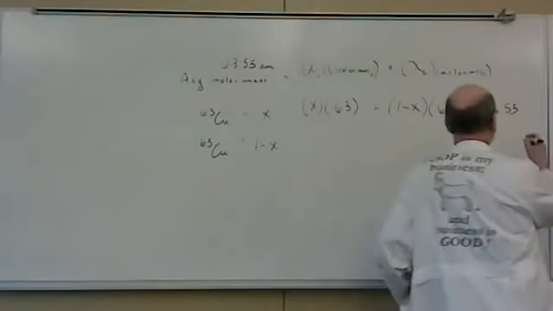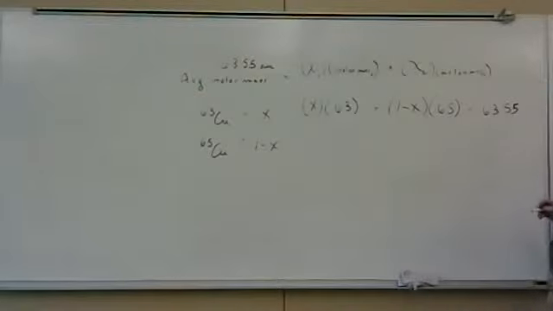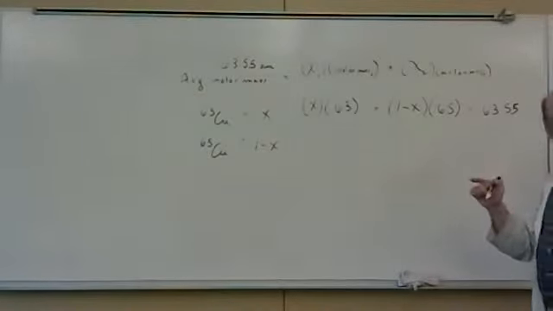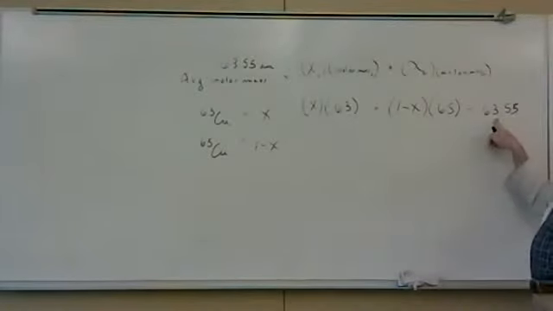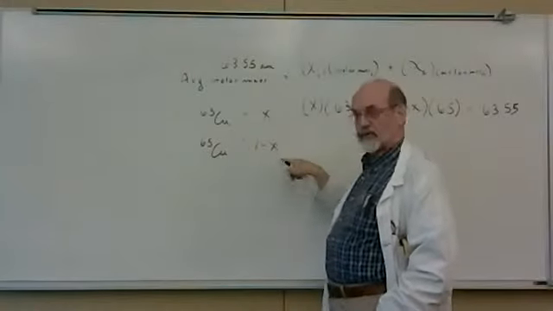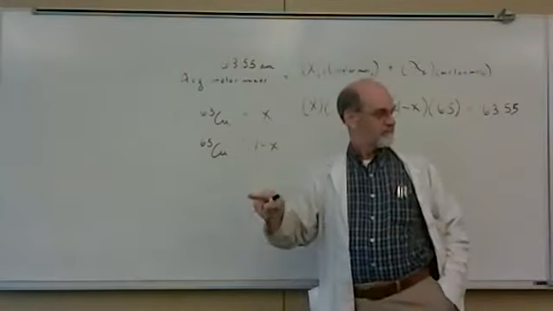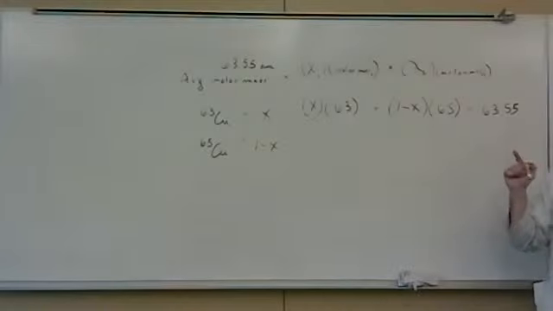Now, one thing you can tell just by looking at this number, which one of those isotopes is the lion's share, is the majority? Which one's closer to 63? This one. So X is going to be a lot bigger than 1 minus X. That's because the weighted average puts the average value closer to 63 than it does to 65. Okay.